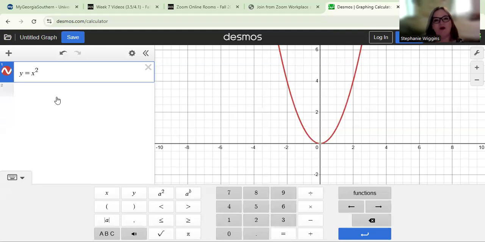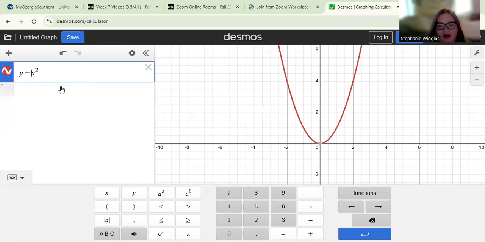Remember, when you multiply by a constant, positive or negative, on the outside of the function, that is going to stretch, or if it's a negative, it's going to reflect it vertically. Inside, transformations affect things horizontally.